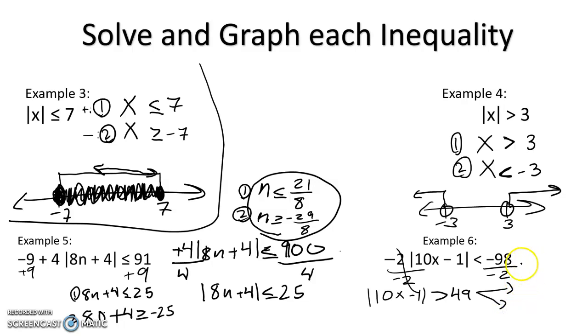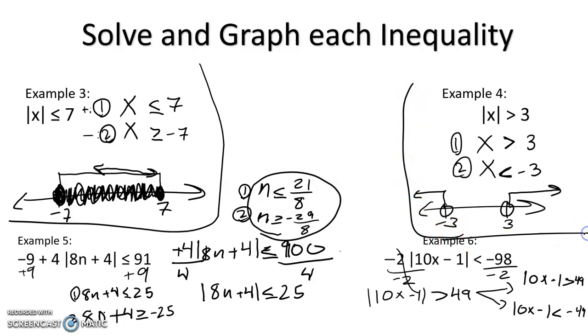Set my two inequalities up. I'm going to be 10x minus 1 greater than 49, and then 10x minus 1 is less than negative 49. I'm kind of running out of space here, so I'm going to write these up here.